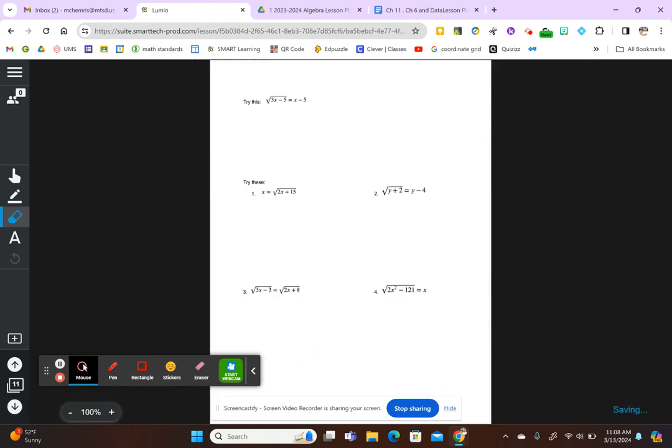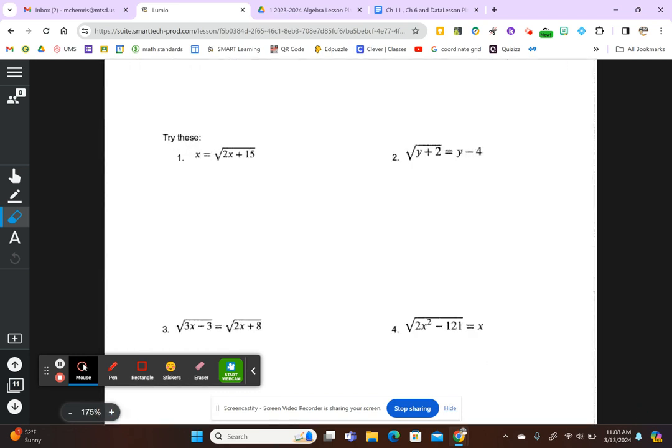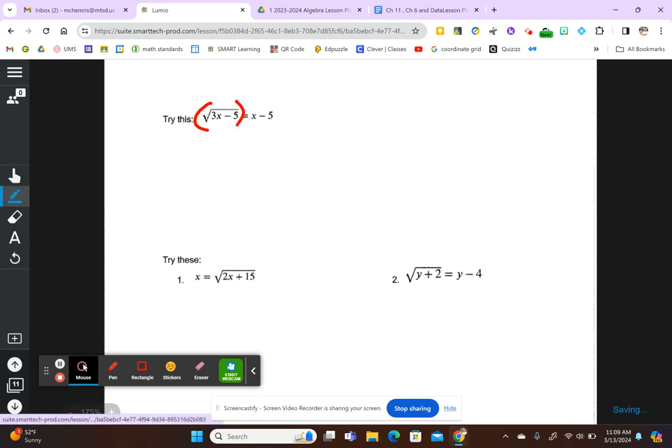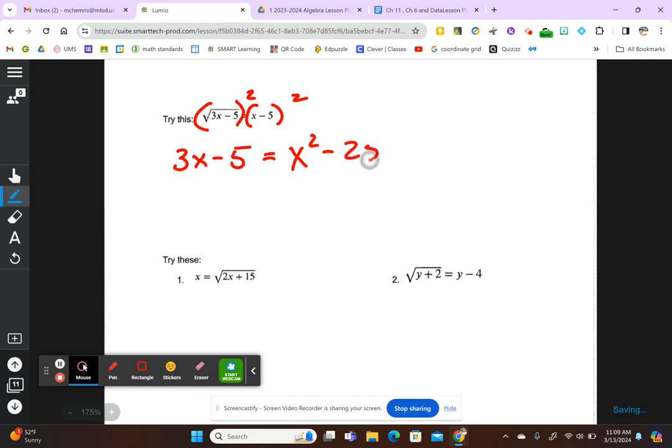So now turn the page and let's try this one. So here, I'm going to square this and square this. And be very careful because I'm going to do this wrong because many of you will do it wrong. See if you guess what I do wrong. X squared minus 25.